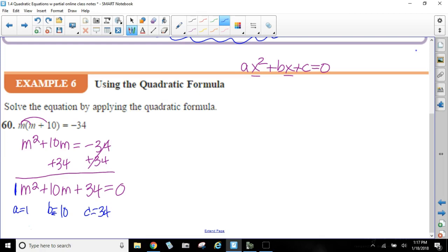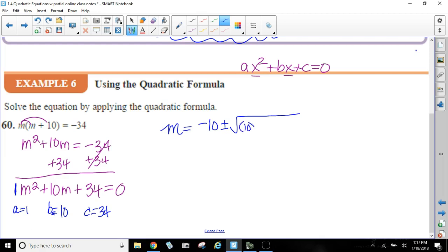So when we go to solve our equation now using our quadratic formula, and if you want to look at the purple box above, the quadratic formula says our variable that we're solving for, m in this case, is equal to negative b, so that will be negative 10, plus or minus the square root of the b value squared.